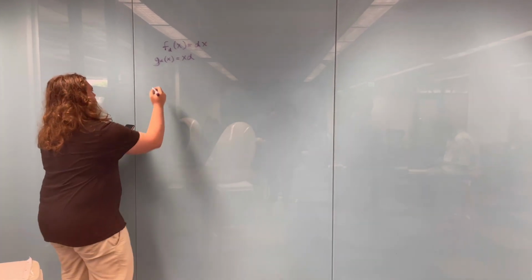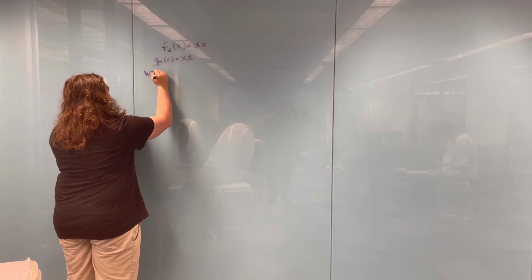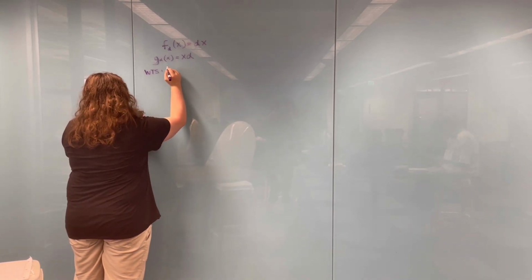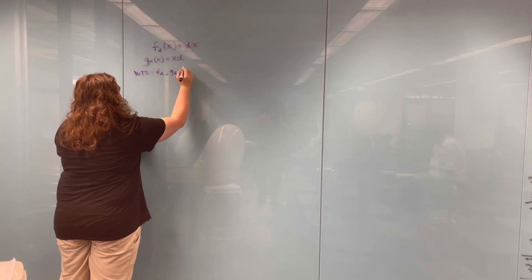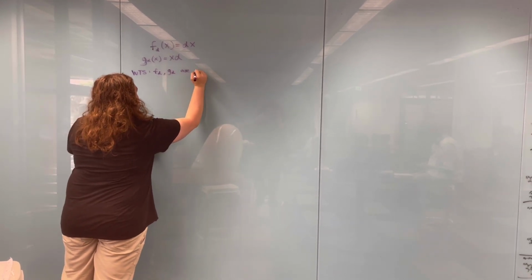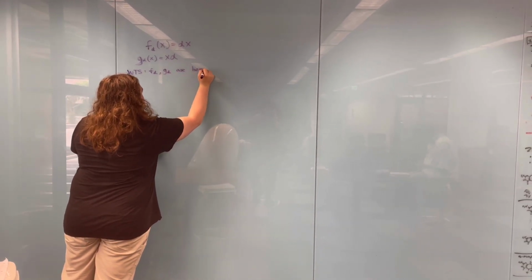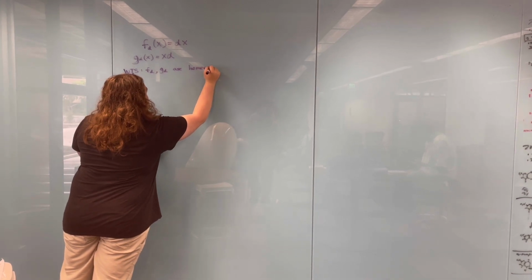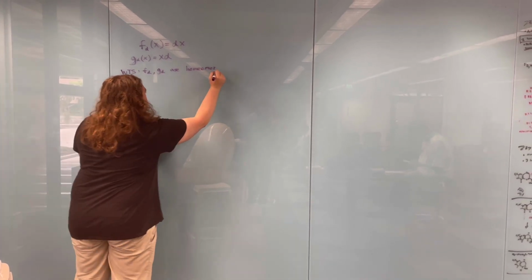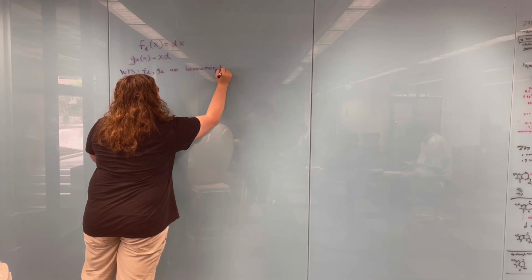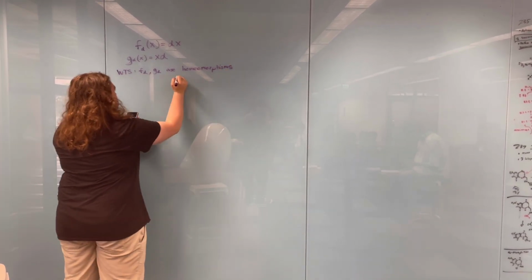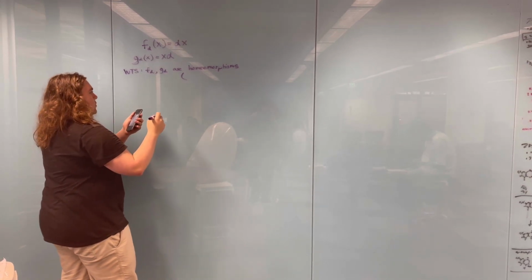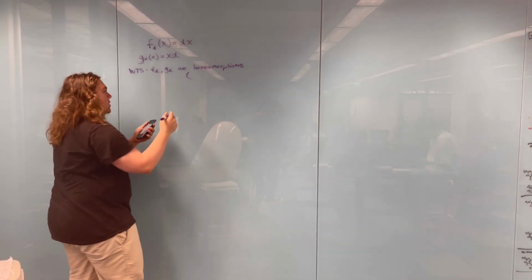And we want to show that F alpha, G alpha are homeomorphisms, so, in other words, that they are bijective, continuous, and open.